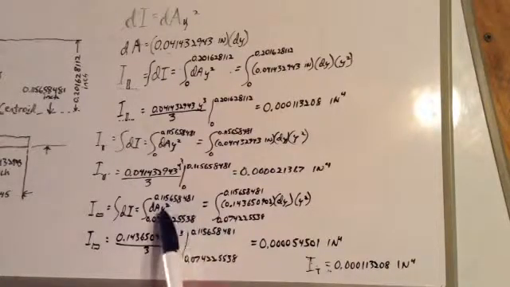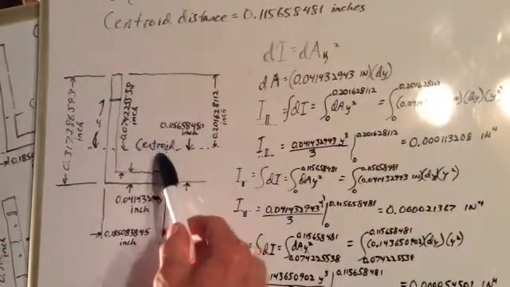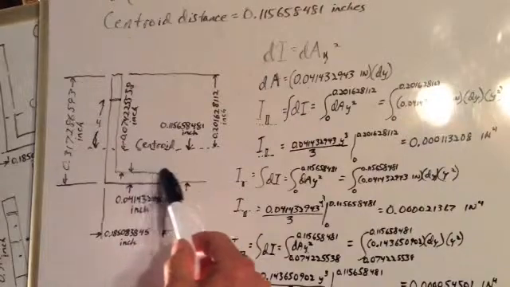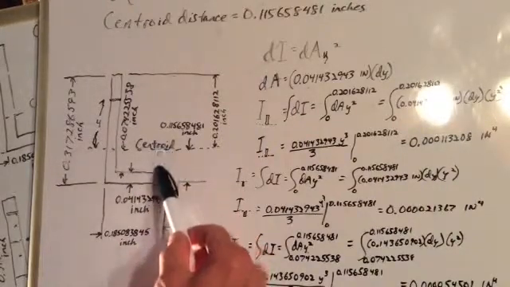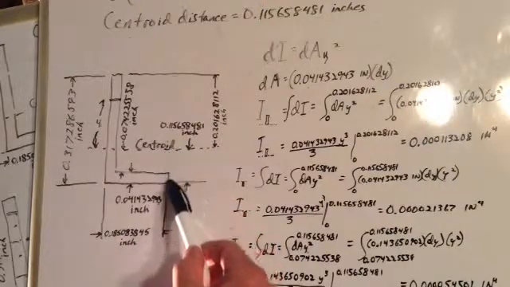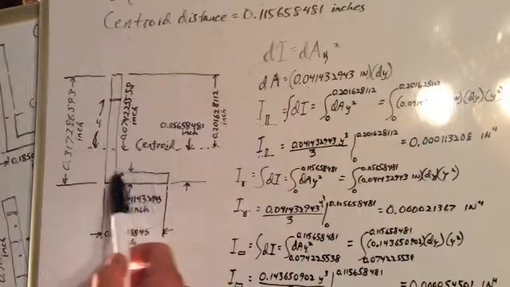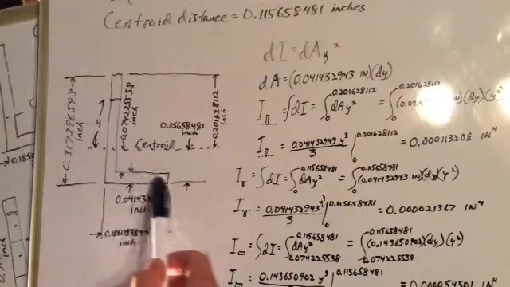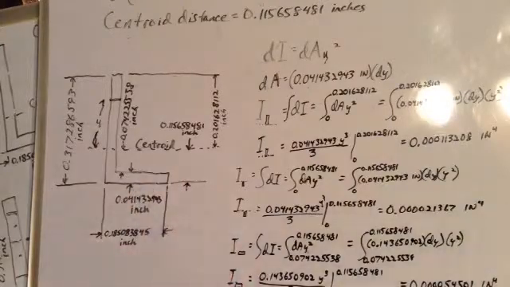Okay, so our limits of integration are, we're integrating from this distance, from the centroid line to the top of this bottom part of the L. We're integrating from that distance to this distance, integrating from there to there. So we're going to take all these little areas, these little dA's, and integrate them from there to there.